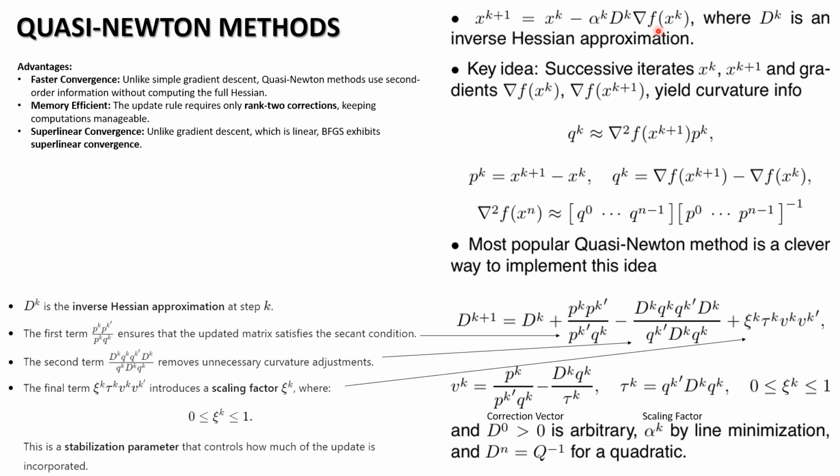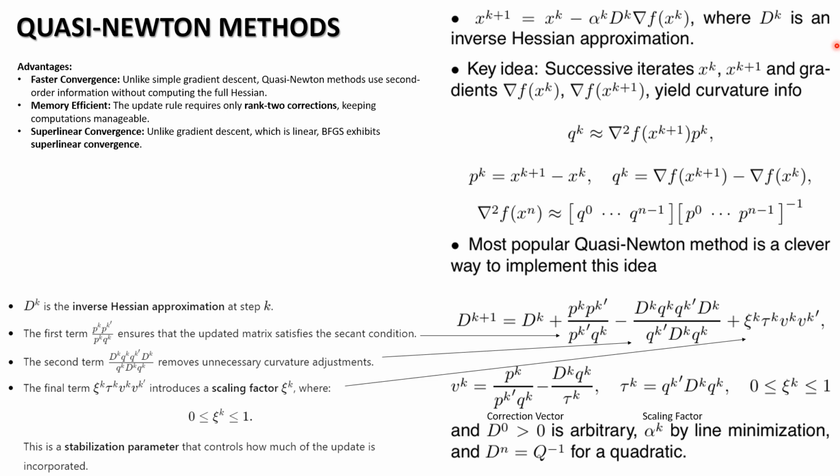Instead of computing the Hessian matrix nabla squared f explicitly, which is computationally expensive, quasi-Newton methods construct an approximation iteratively.